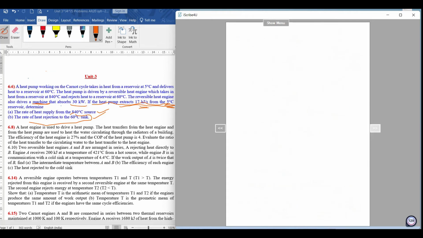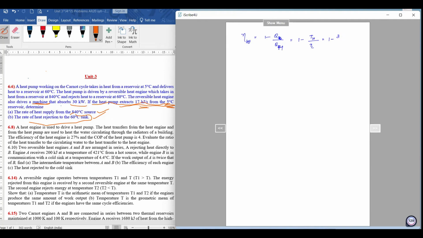But that is not our target. That is not our goal. Work output of the engine we got. So based on this, we can now find the efficiency of the engine. Efficiency of the engine is given by 1 minus Q1 by Q2, or in this case 1 minus QC by QH.